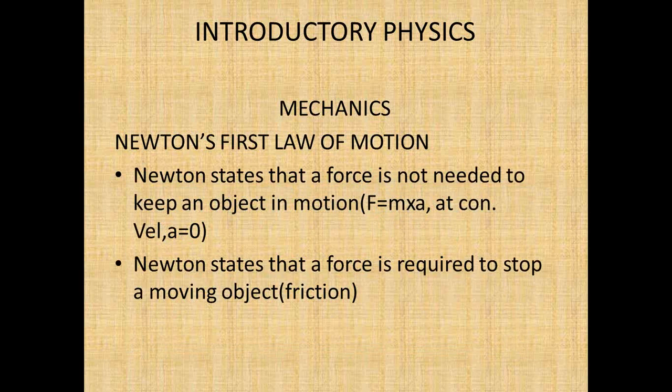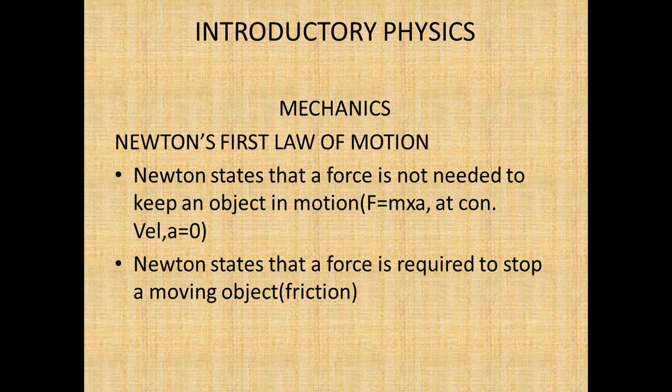Newton states that a force is required to stop a moving object. Just like when you're driving your car and you hit a wall, that unbalanced force is required to stop that moving object.